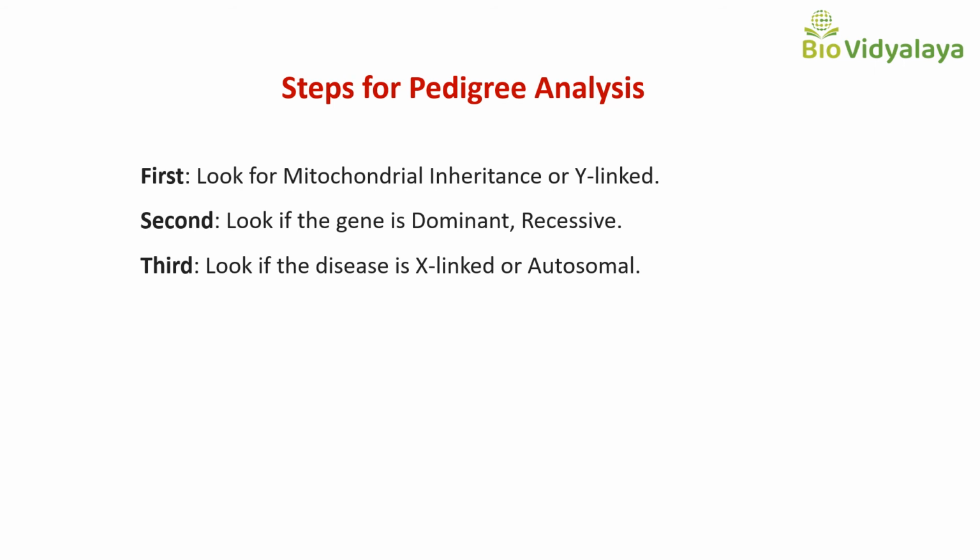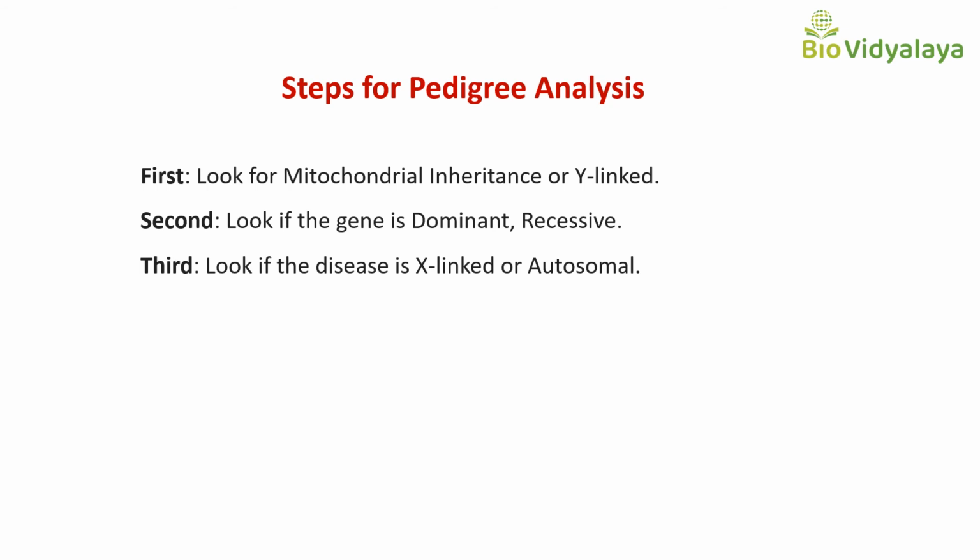Okay. If it is Y-linked, trait is transferred from male to his sons. If you found it is not mitochondrial inheritance and it is not Y-linked, then go for the second step.